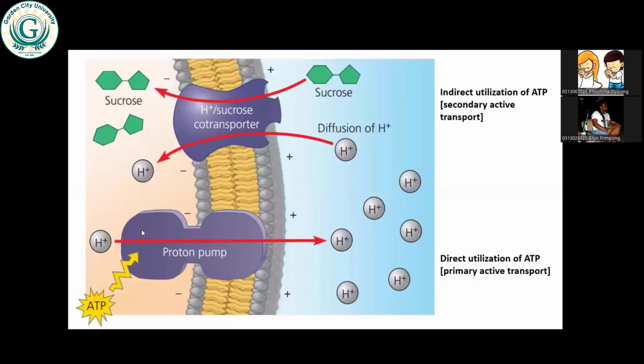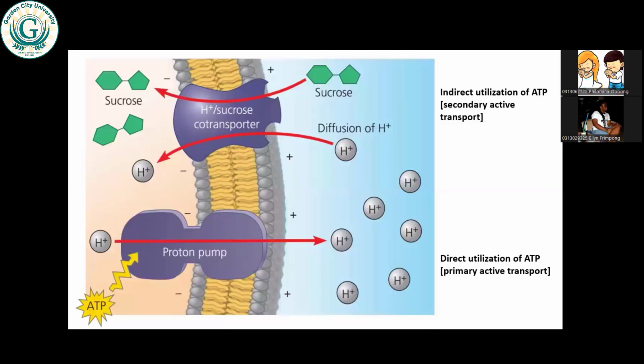Then detachment of ADP and inorganic phosphate moves the shape back to its normal state, and the whole process starts again. So this enables more hydrogen ions to be pumped to the external during digestion, for gastric digestion to occur.